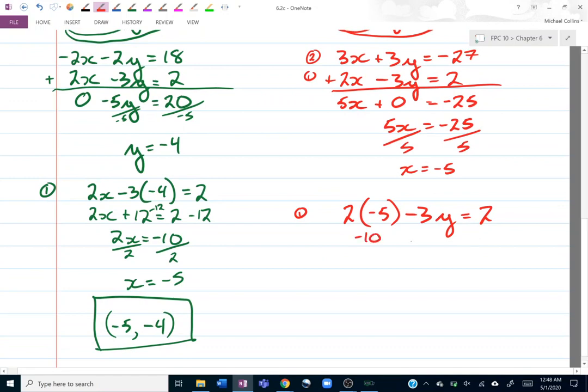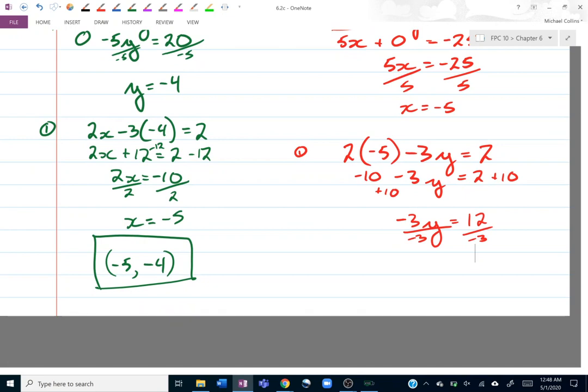I get a negative 10 minus 3y is equal to 2. I can add 10 to both sides, and I get a negative 3y is equal to 12. I divide both sides by negative 3, and I end up with y is equal to negative 4.